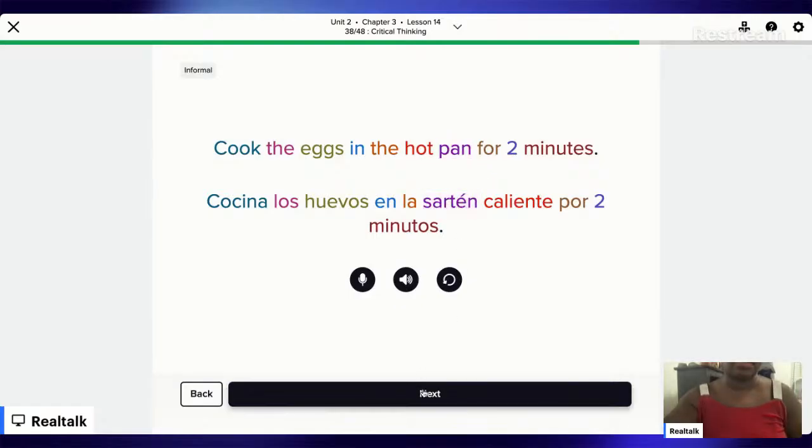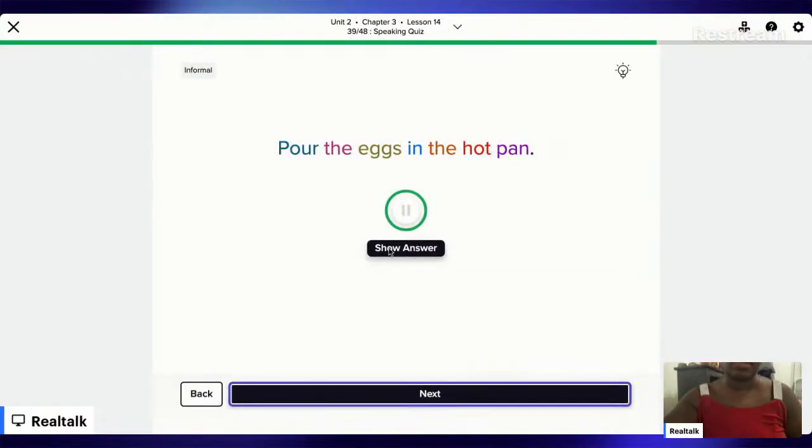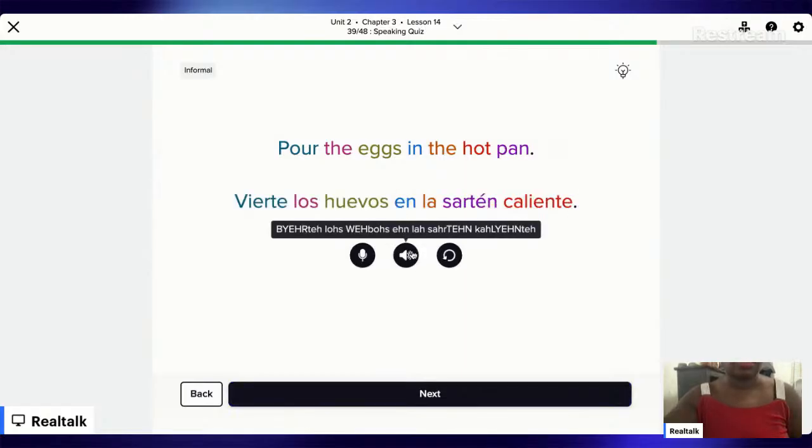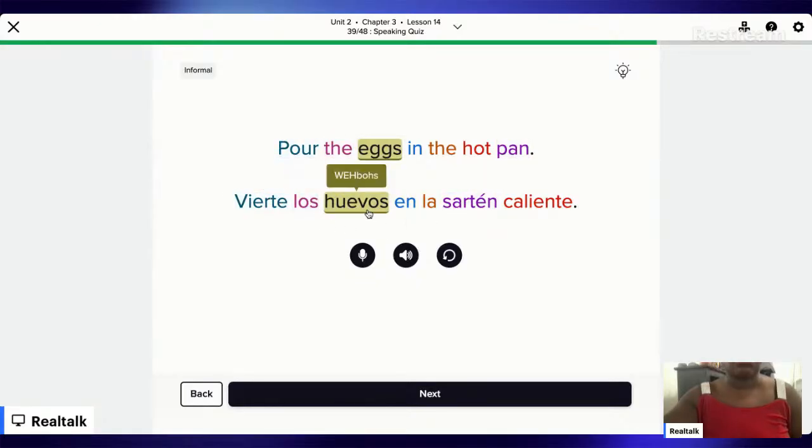Sartén. In a casual setting, how do you say, pour the eggs in the hot pan? Vierte los huevos en la sartén caliente.